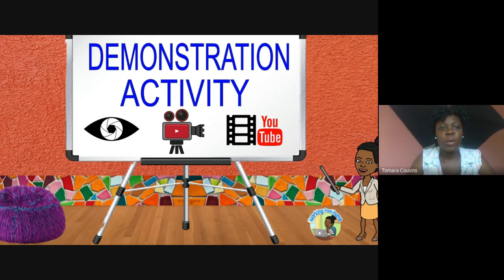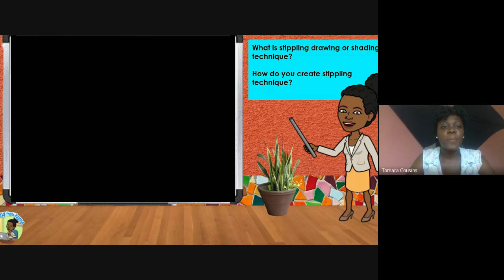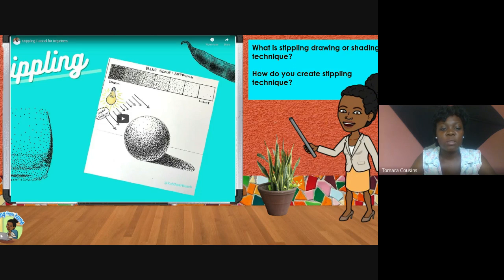All right, so we're going to first look at this demonstration video that really speaks about the different shading technique, stippling. Stippling is one of the drawing or shading techniques that artists use to make subjects look realistic.